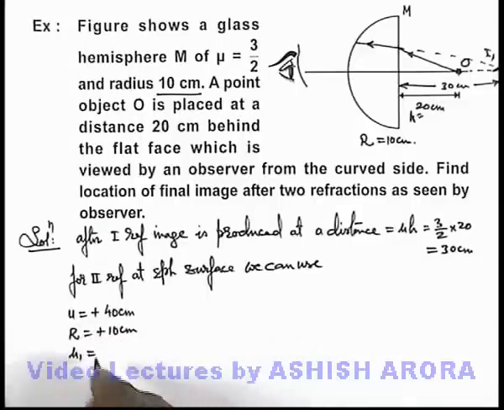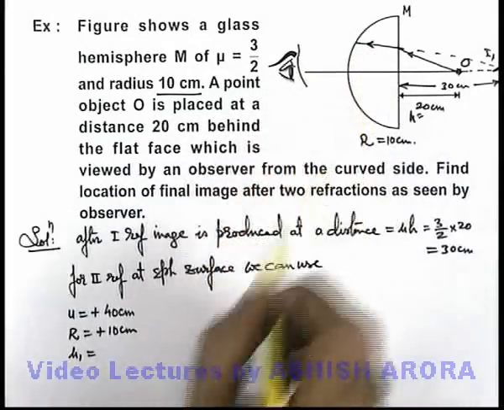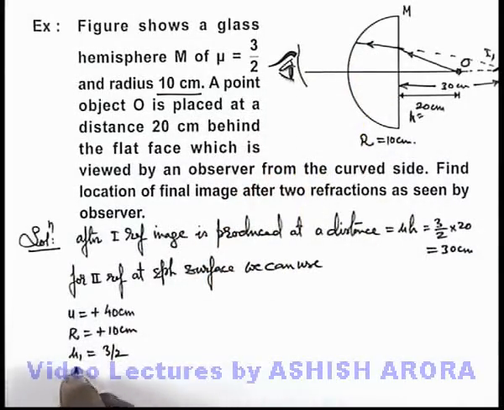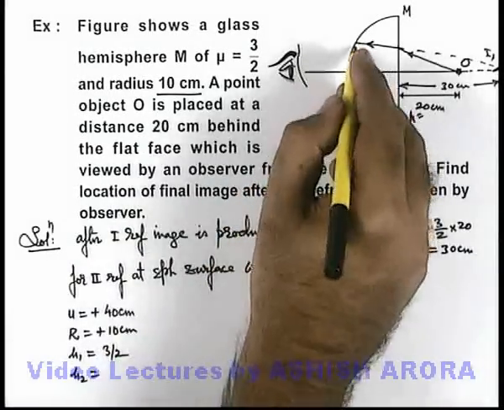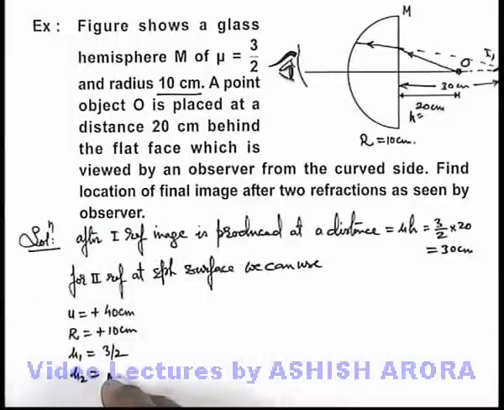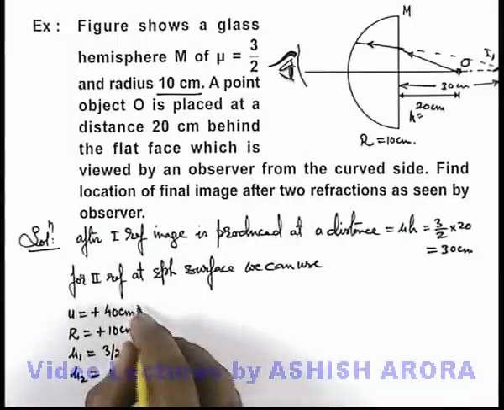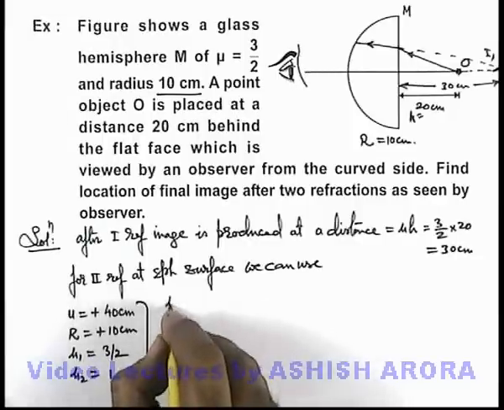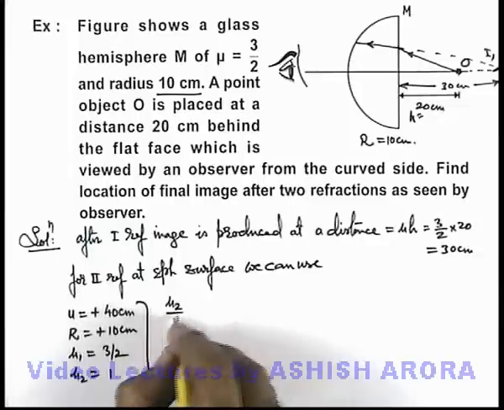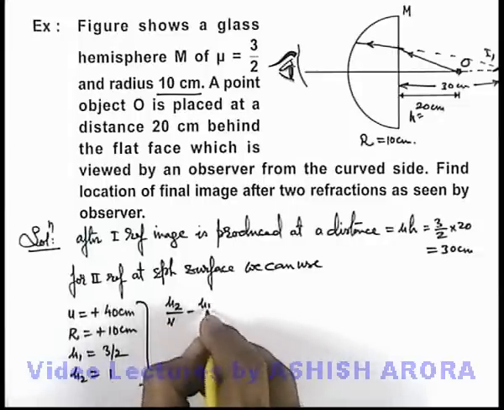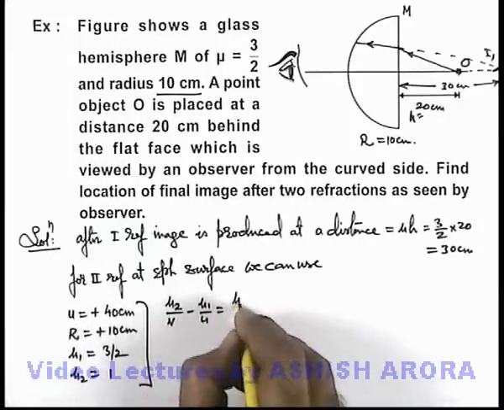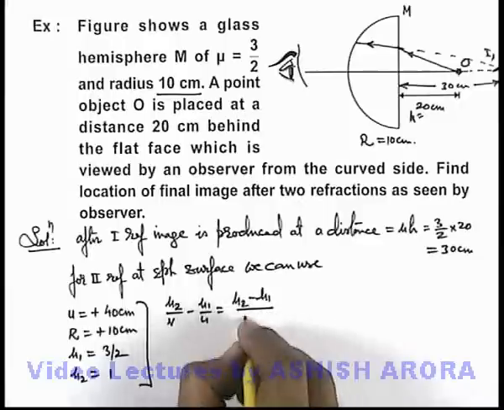Mu1, the refractive index of the incident ray medium, is 3/2, and mu2, the refractive index of the medium in which the refracted ray will come out, will be 1. Using these values, we use the refraction formula mu2 by v minus mu1 by u equals mu2 minus mu1 by r.